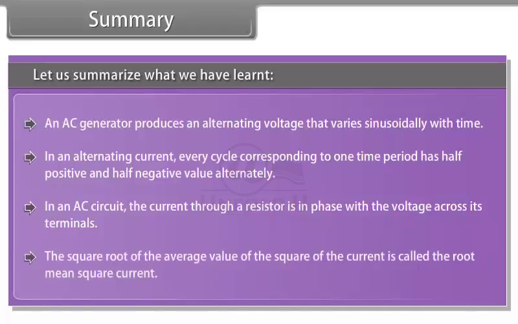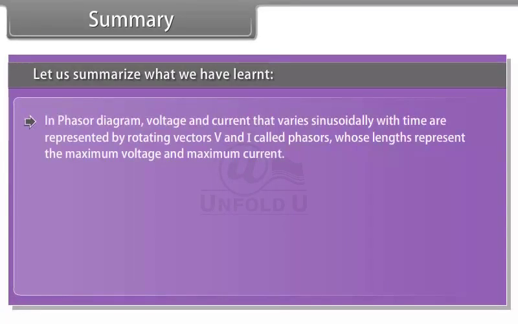The square root of the average value of the square of the current is called the root mean square current. In phasor diagram, voltage and current that varies sinusoidally with time are represented by rotating vectors V and I called phasors, whose lengths represent the maximum voltage and maximum current.